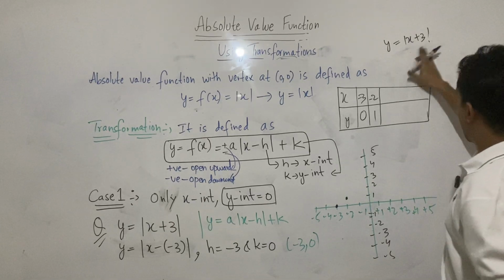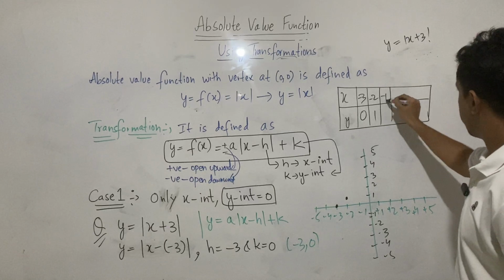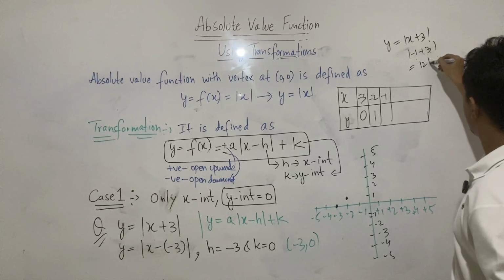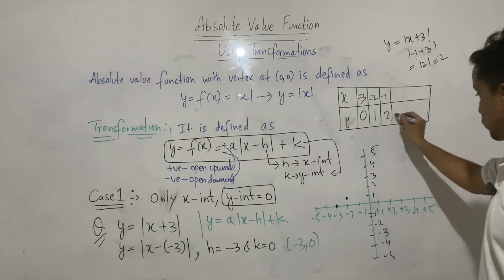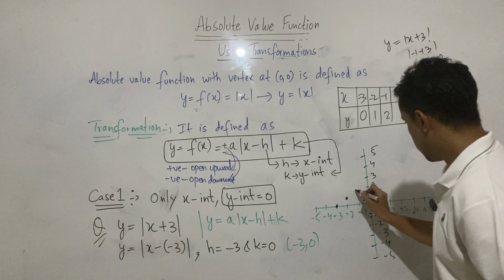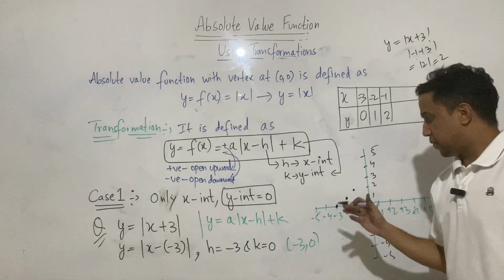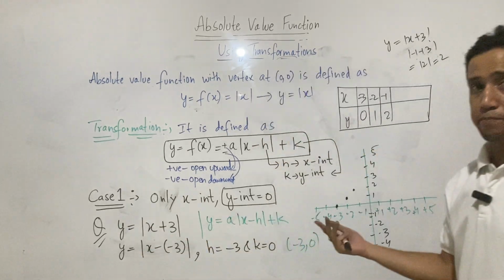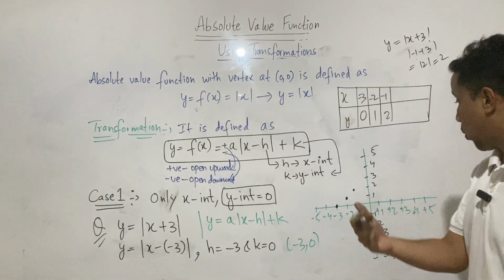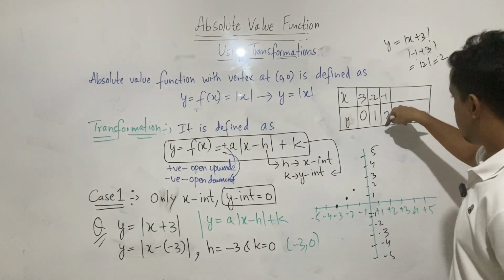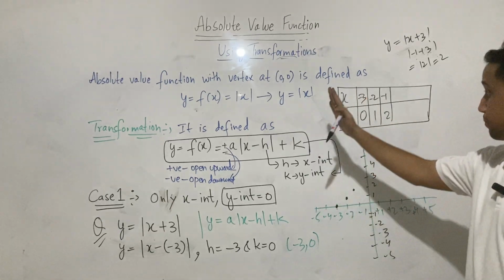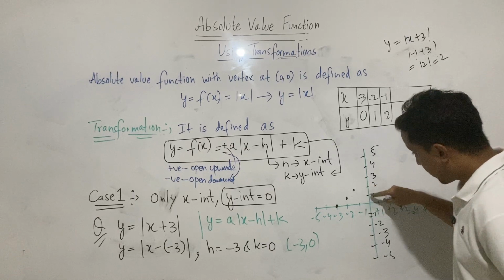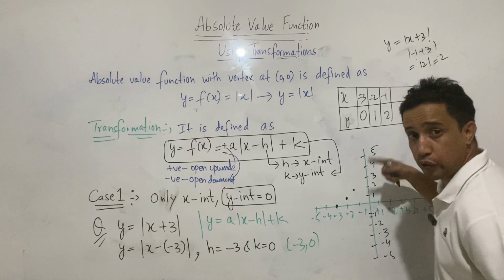Now if I put minus 1, it will be minus 1 plus 3, which is modulus 2, which is 2. So minus 1, 2. Now see here, if you look at a, which means slope, if you remember, it's 1. That's why when I'm going 1 unit to the right, you can see I'm also moving 1 unit up.